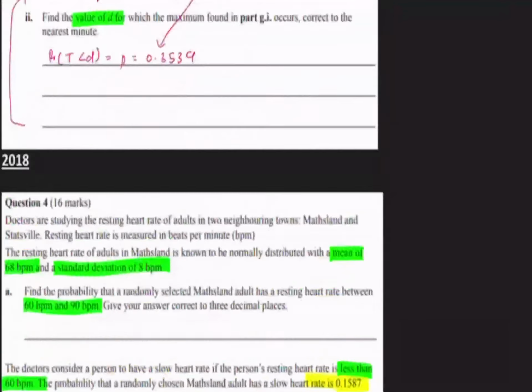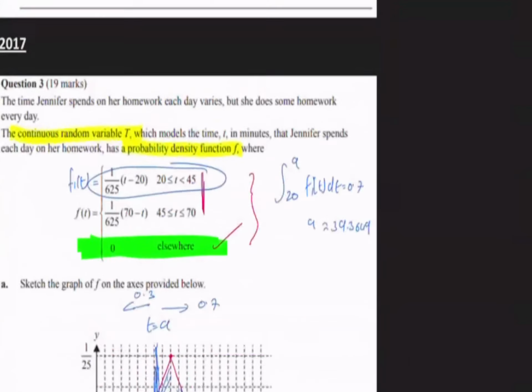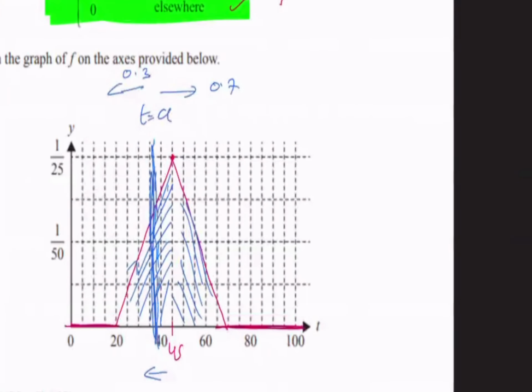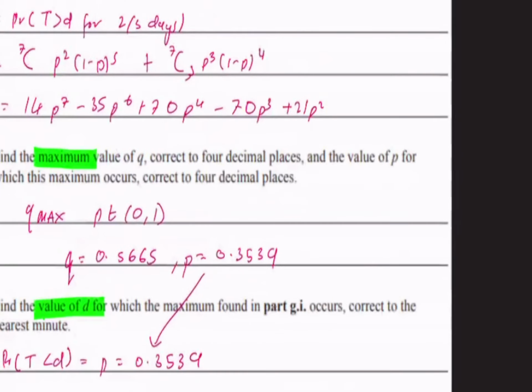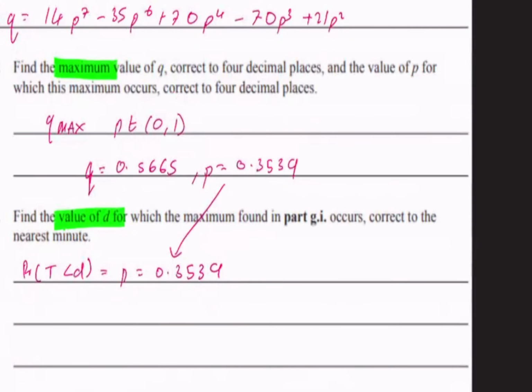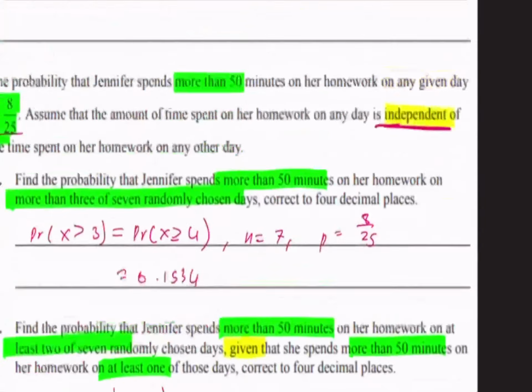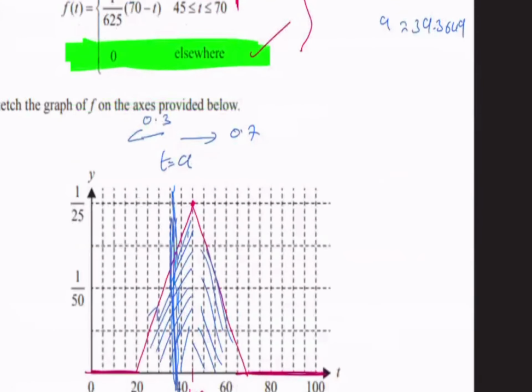But this time it's the probability that T is less than D.